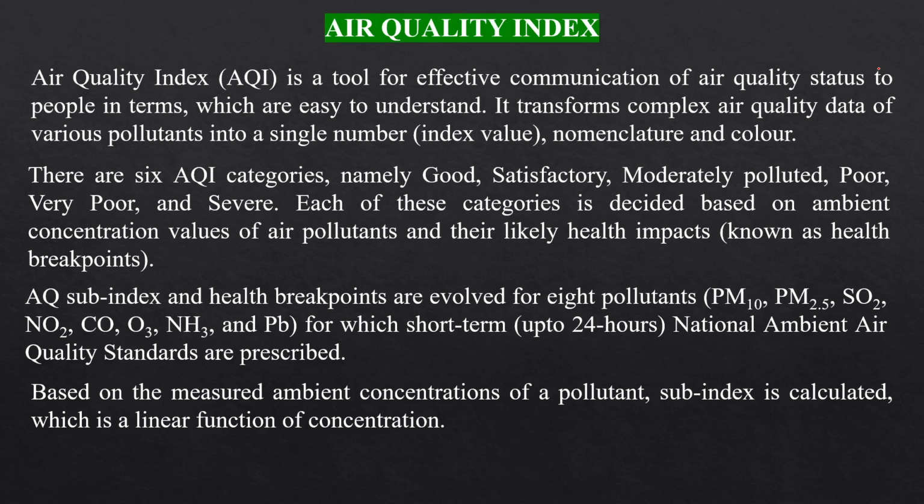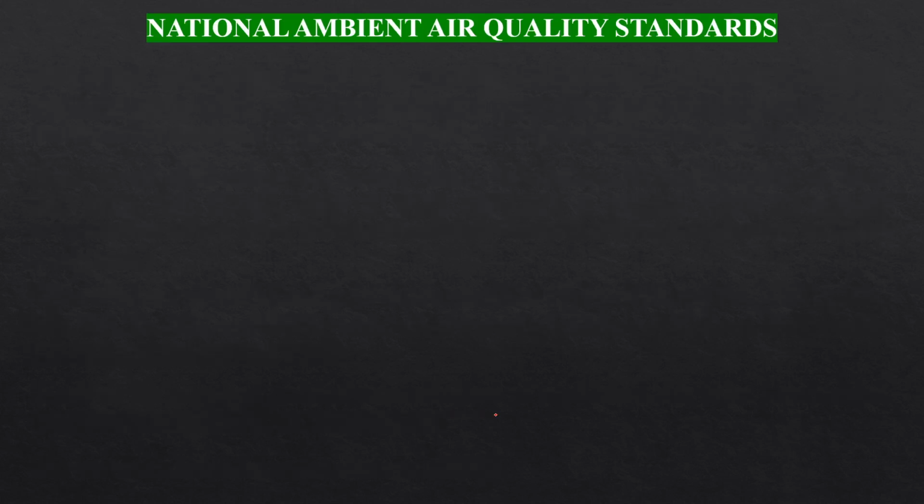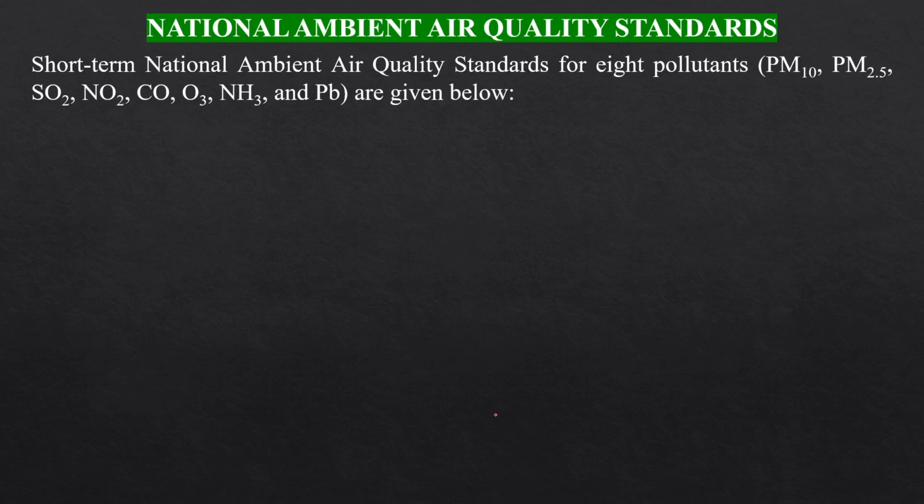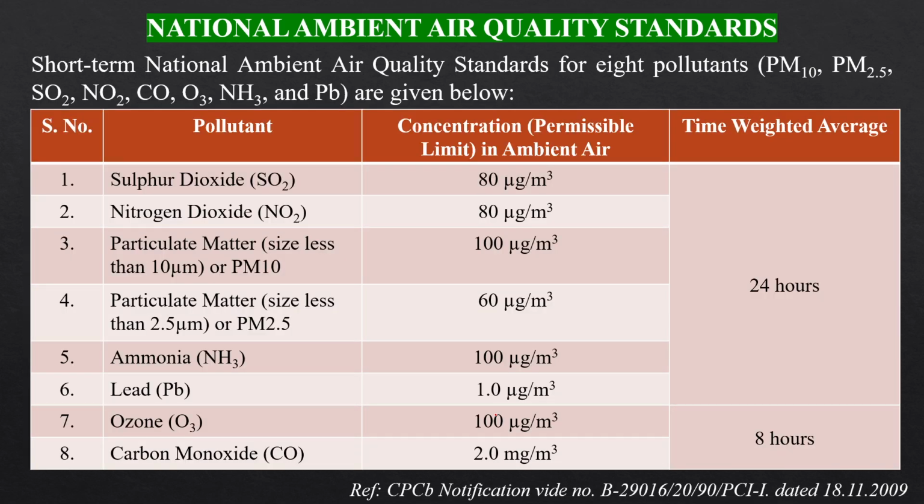Based on the measured ambient concentration of pollutants, sub-indices are calculated. The sub-index is a linear function of concentration, and the worst sub-index determines the overall air quality index.